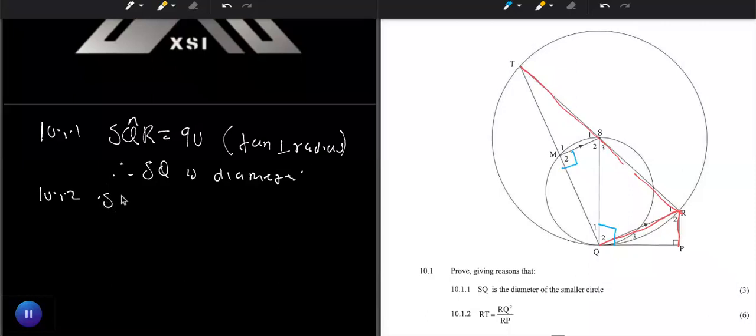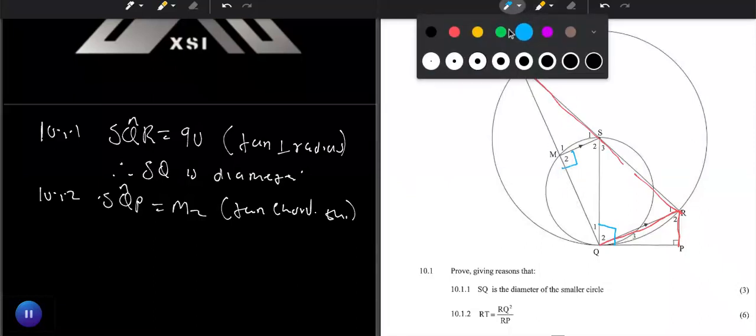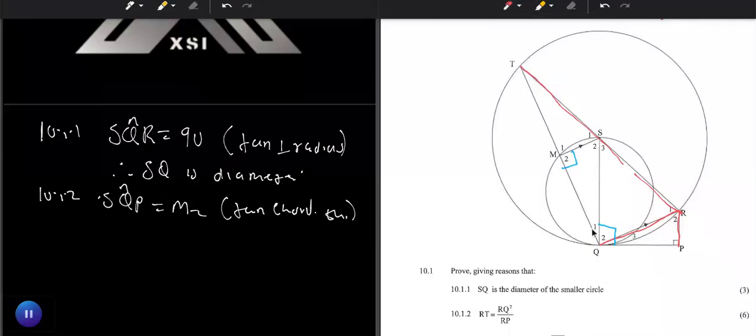So I can write this down: angle M1, which is TSQP, this angle is equal to my M2. What's the reason for this one? This is the tan chord theorem. Now this is 90, and you're also going to notice this angle right here, let me talk about Q1 and Q2, should also be 90 degrees.